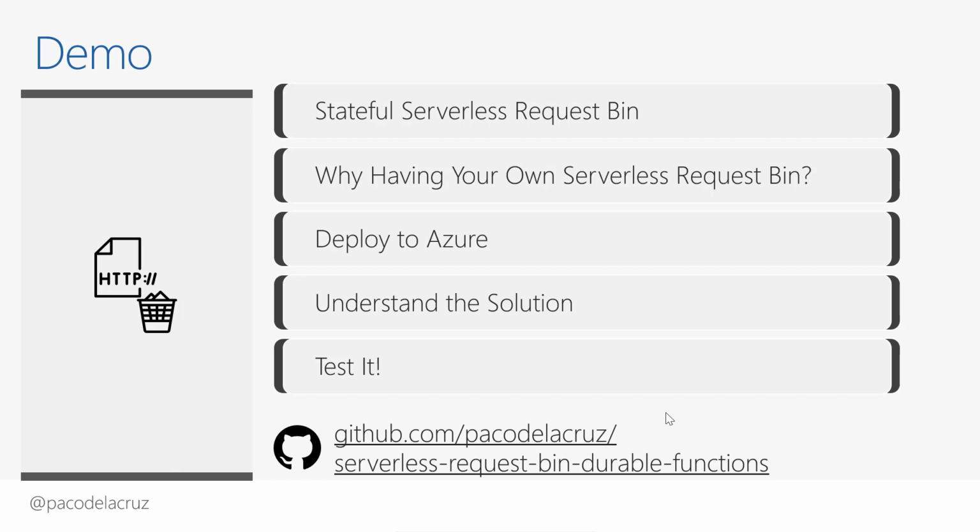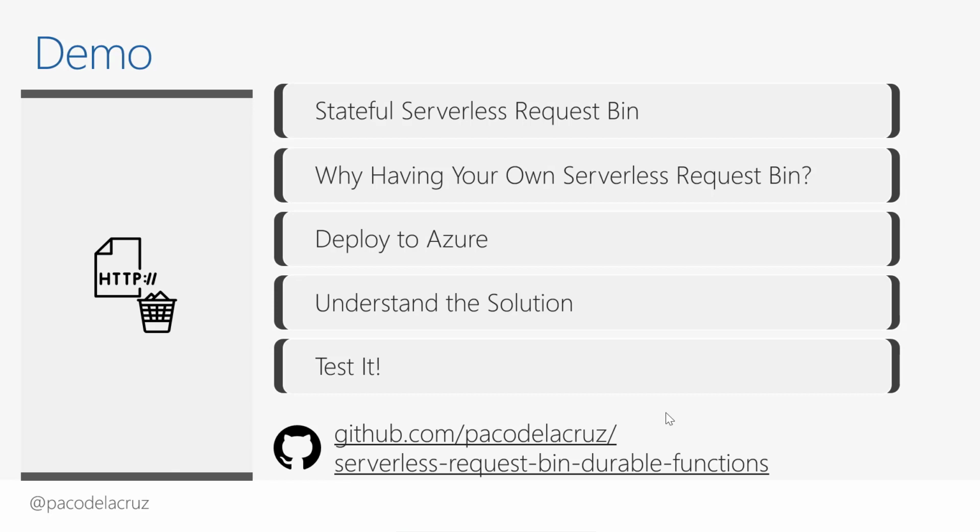So if you want a request bin that you only pay for what you use, and even more important, that gets all these free executions per month on the cloud, I think it's a very good idea to have your own serverless request bin. You can deploy it to Azure, and let's see how we deploy it.